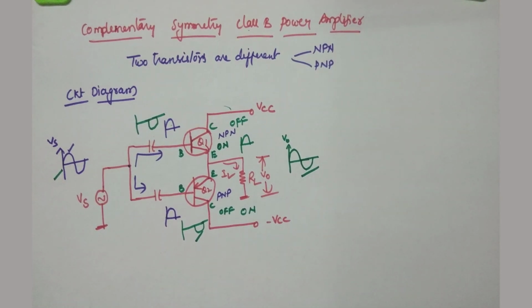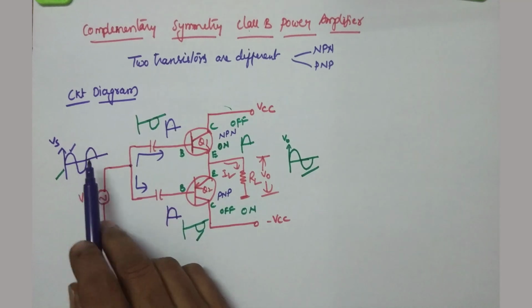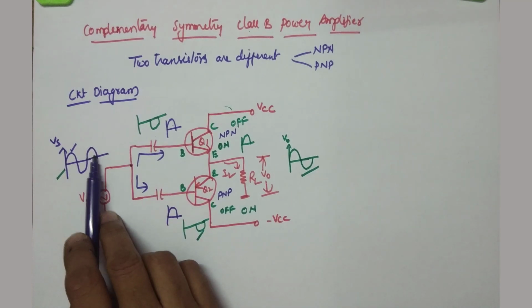Remember, in class B, the Q point is on the x-axis. If you use only one transistor, you will get only one half cycle as output. As you are using two transistors, you are going to get the full cycle as output. You can even check for the next half cycle. Again, what will happen for this positive half cycle?